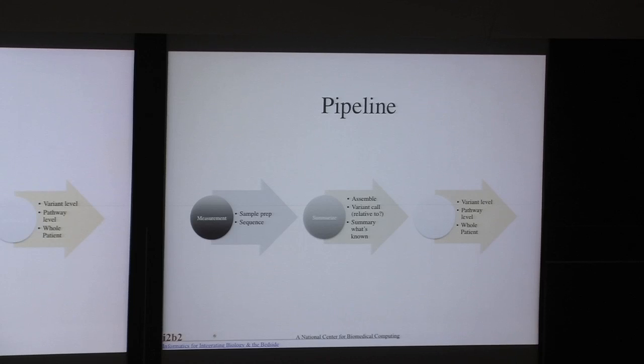And I just want to remind you, behind all of this is a pipeline. There's a pipeline that goes from measurement with sample prep and sequencing that requires assembly from all the short reads to create all the variant calls relative to which reference genome, and to summarize what's known, rightly or wrongly, in literature, and to summarize this at the variant level, at the gene level, and the pathway level, and ultimately at the level of a whole human report.